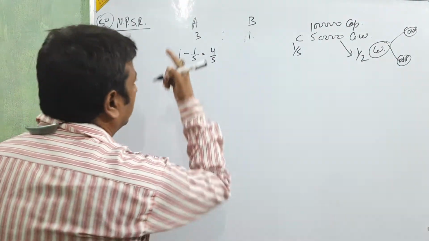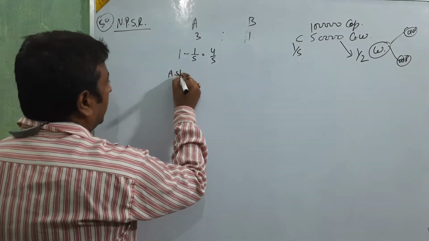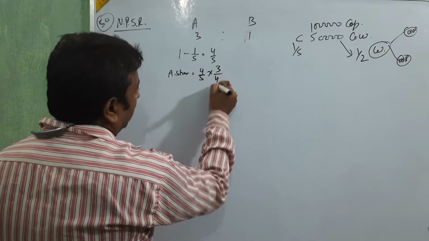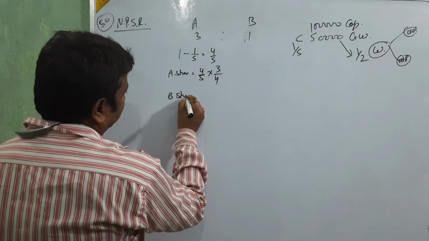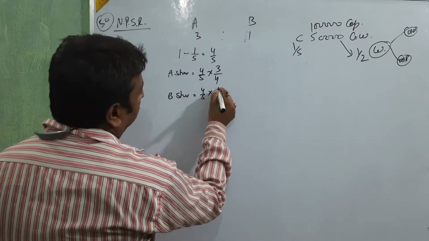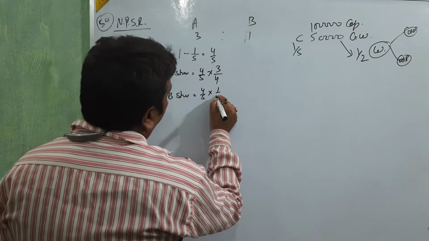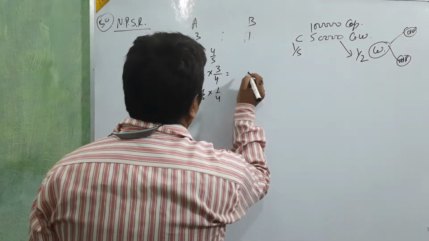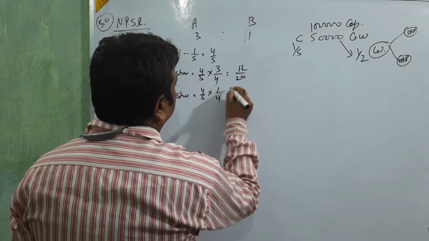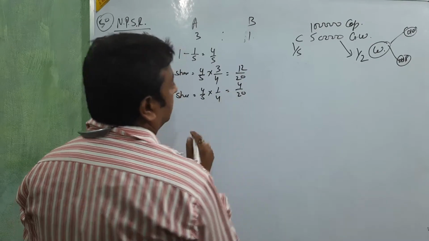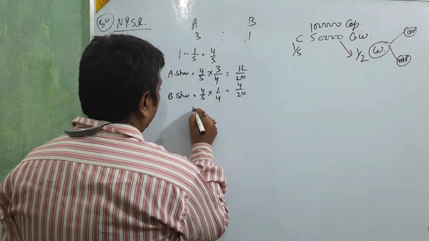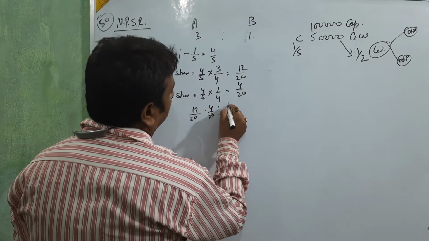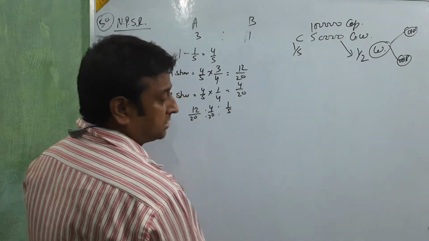Then we calculate A's share: 4/5 into 3/4, and B's share: 4/5 into 1/4. That gives 12/20 and 4/20. Now set the ratio: 12/20, 4/20 and 1/5, the share of C.